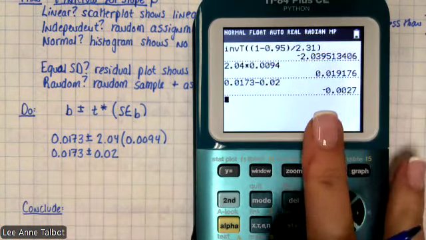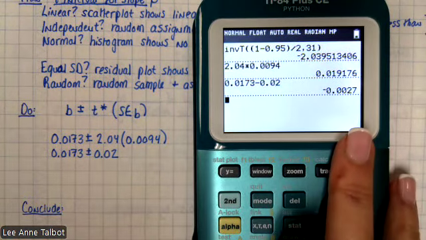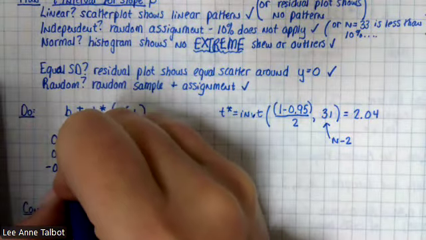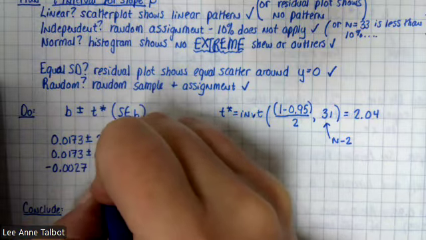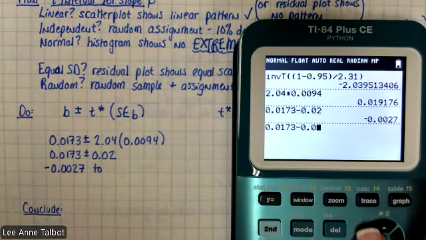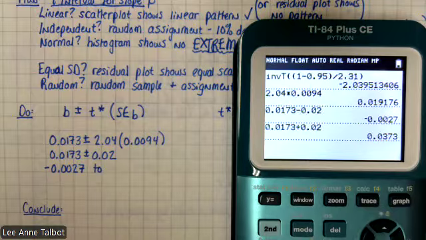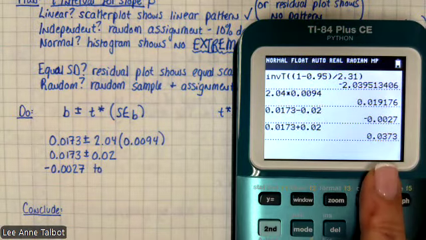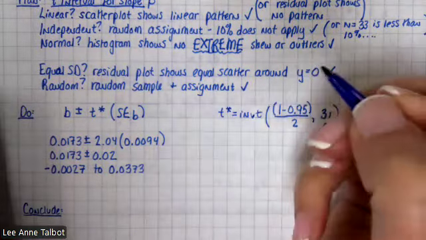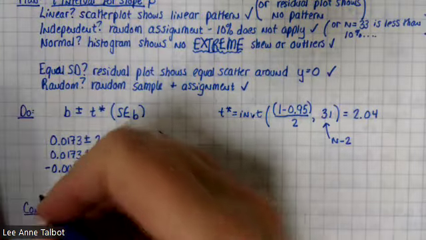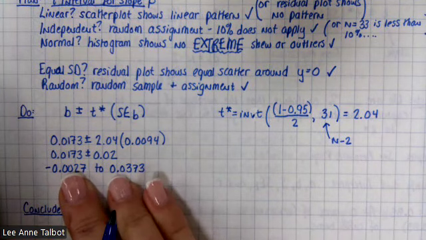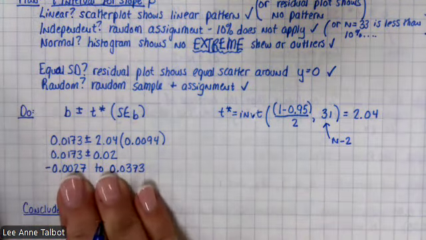Negative 0.0027. Zero point 0373. All I'm noticing here, I'm hoping that you remember or you are picking up on the fact that this is going from negative to positive, which means that 0 is a possibility.